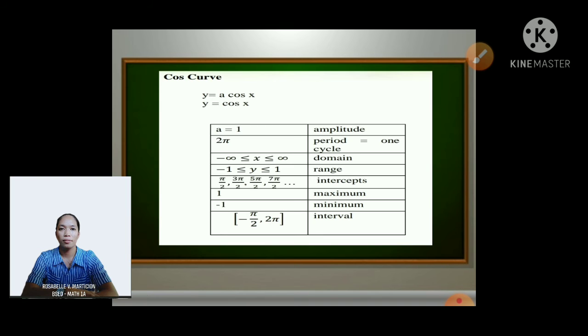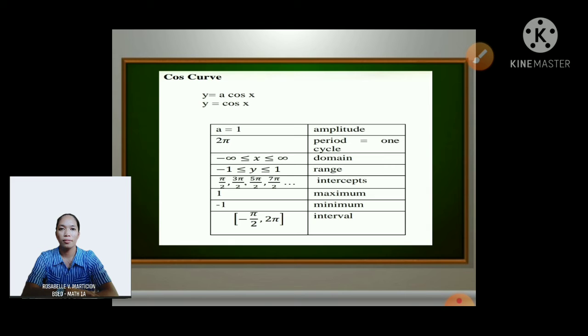So this is the given. The given is y equals cos x. The amplitude of this given is 1, and the period is 1 cycle, so this is 2 pi.